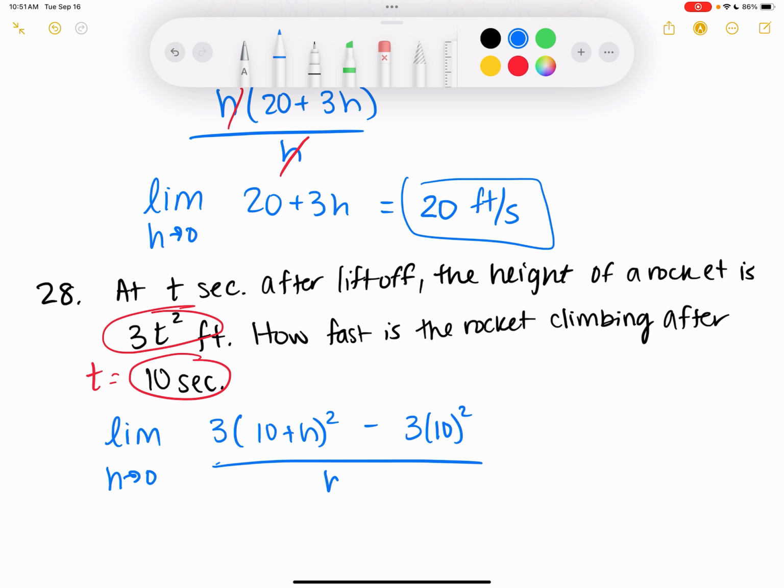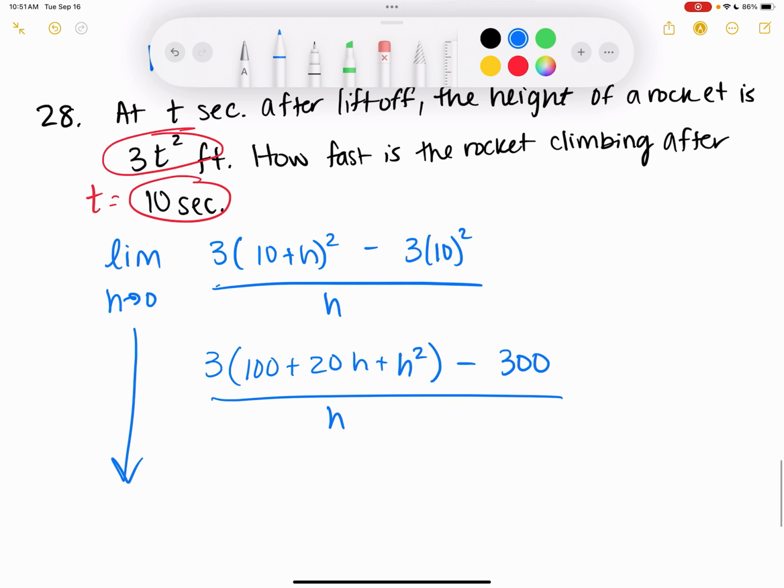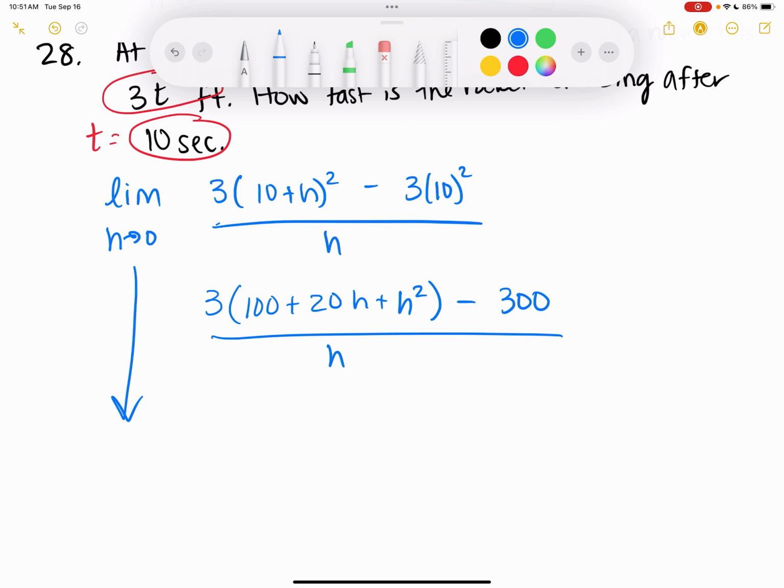So then I've got 3 times 100 plus 20h plus h squared minus 300 all over h. So I've got 300 plus 60h plus 3h squared minus 300 over h. 300s cancel. I can factor out an h.